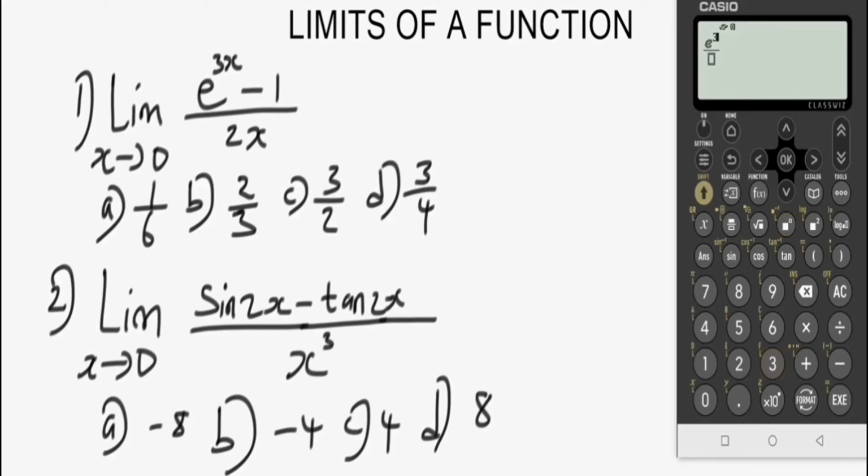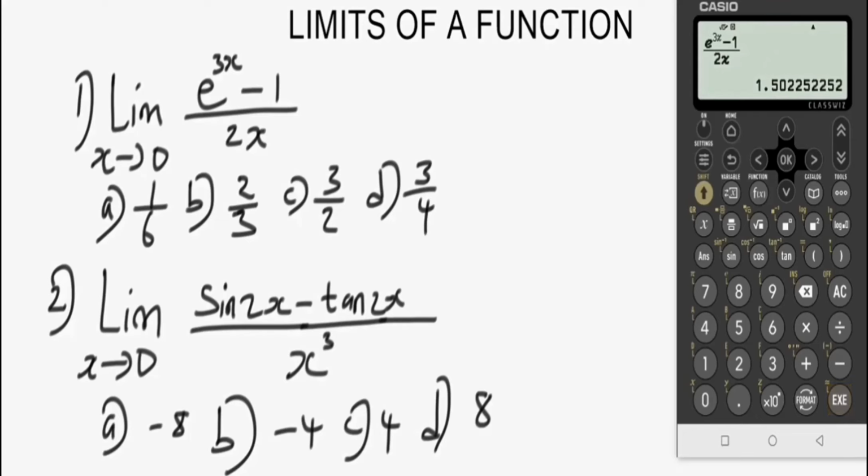Now to bring out the x stored on this calculator, all you need to do is press shift and this 0 button. That's it. Then you come down, we have minus 1 over 2x. Bring out x, press shift and this 0 button. That's it. Let's press execute now to see the output of this computation.